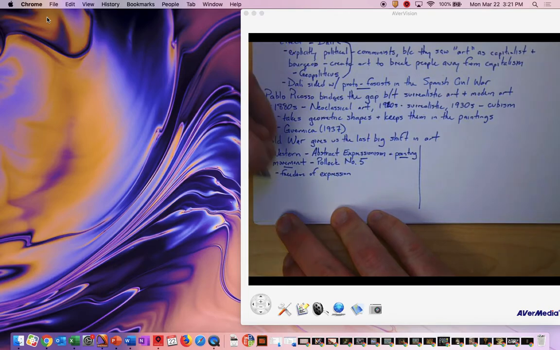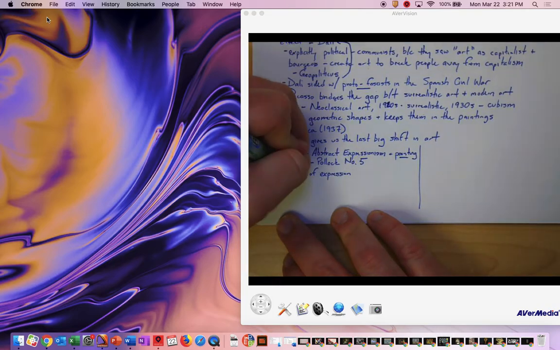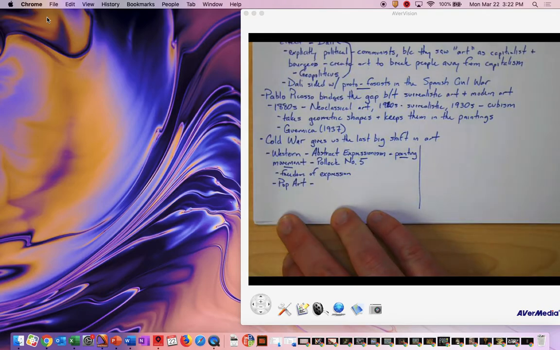The other art movement in Western Europe and the Western world is what's called pop art. And what pop art does is it kind of looks at Western society through a more cynical view.